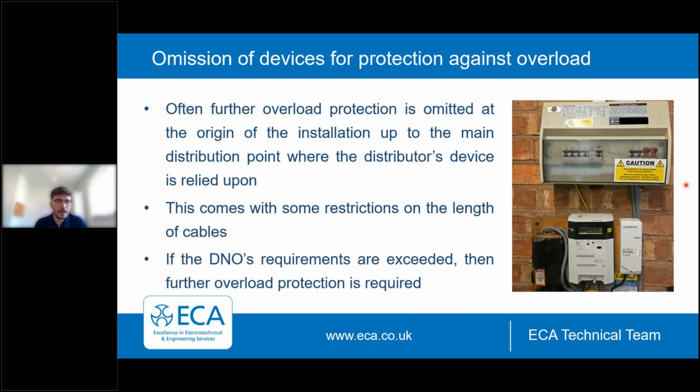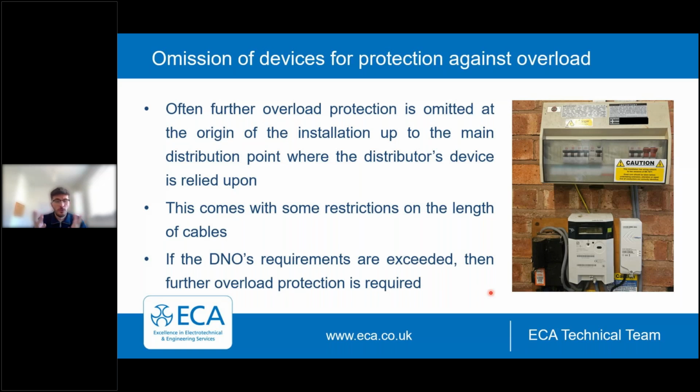And we've got a typical example of this in a domestic setting here. This, of course, comes with some restrictions regarding the lengths of the tails from the origin of the installation. If, of course, the DNO's requirements are exceeded, then further overload protection would be required.